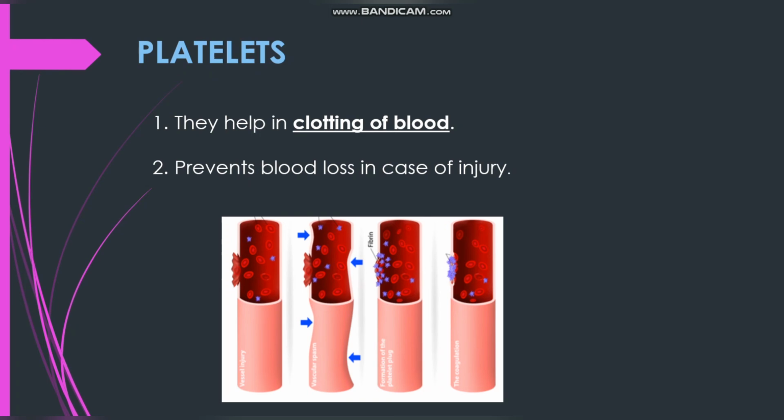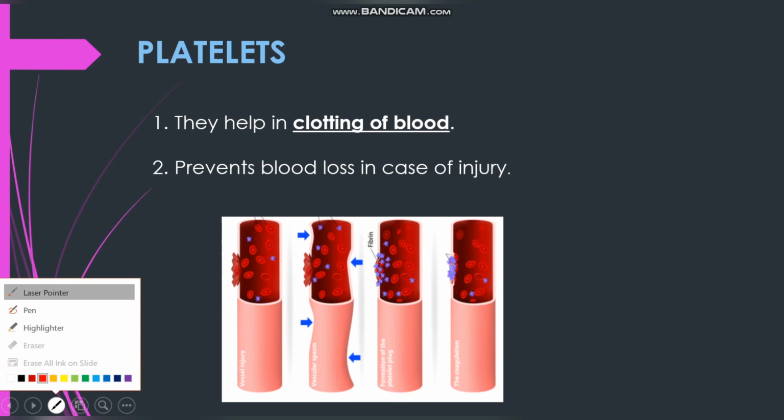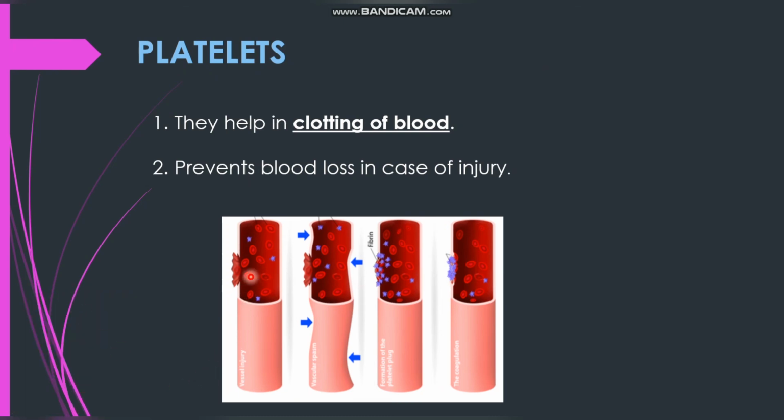Now look at this diagram carefully. These are the blood vessels and an injury has happened and it's bleeding. Platelets get the signals that the blood is flowing out of the body, and all these platelets come and settle down at the place where it's bleeding.